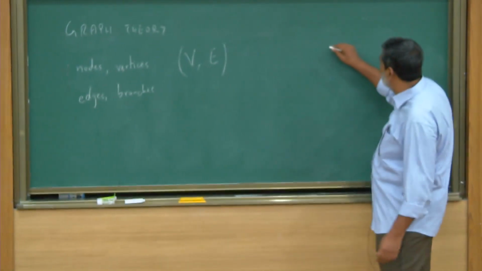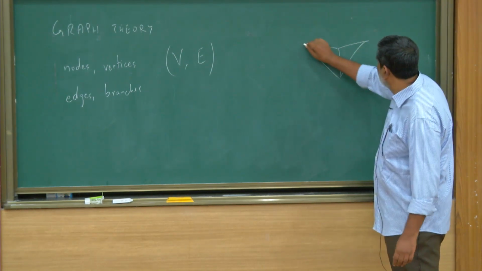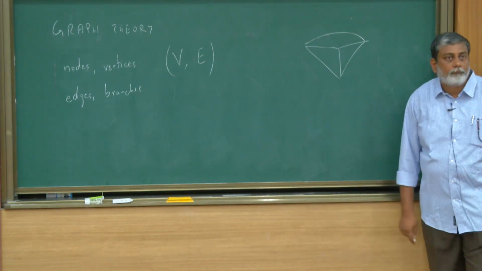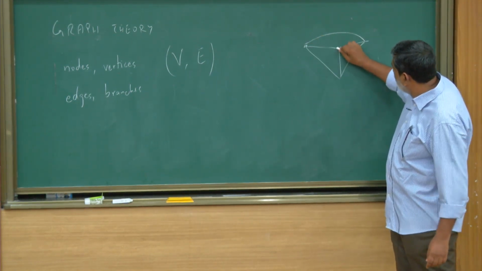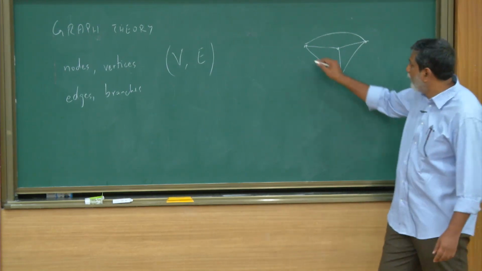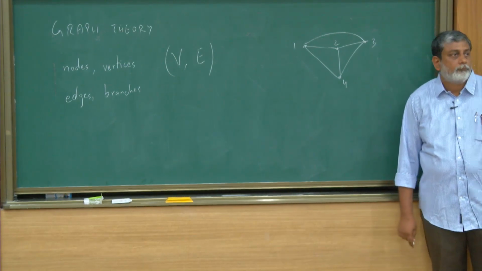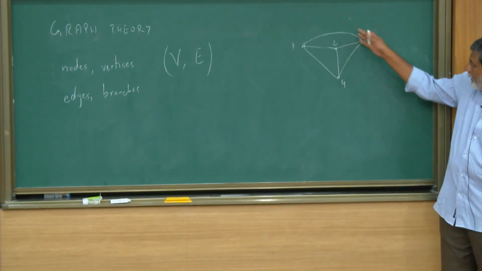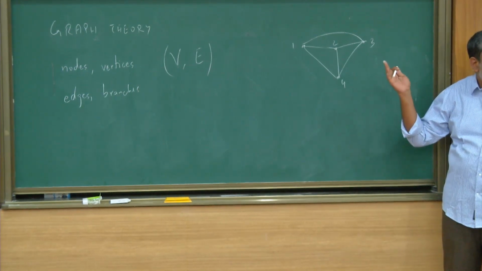So here is an example of a graph. These guys are the nodes, so let me call them 1, 2, 3, 4. And the other lines which join the nodes are the edges.